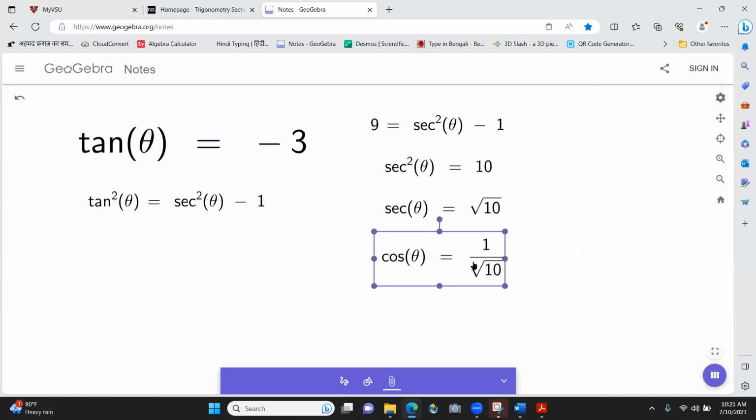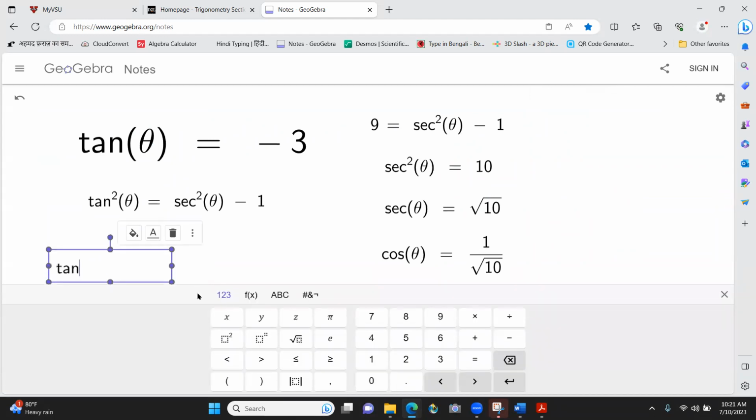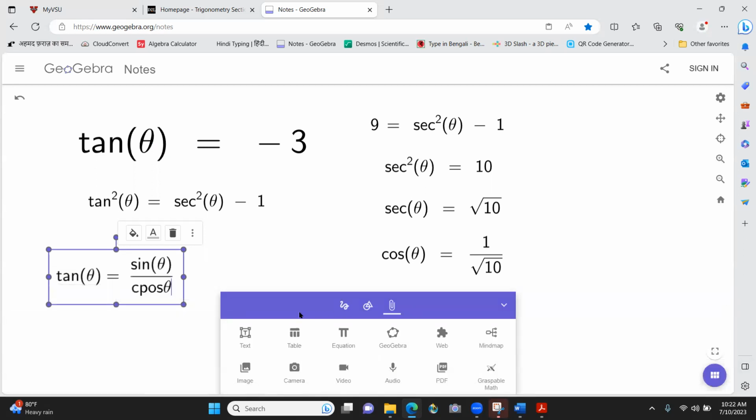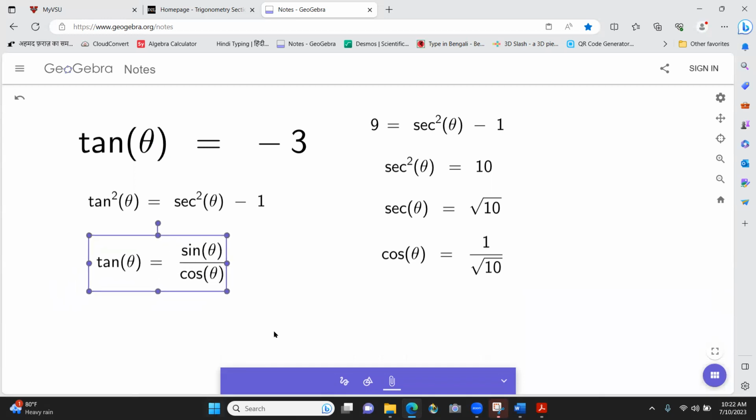So this is your cosine value, right? You know your tan value, and you know tan theta is sine theta over cosine theta. All right. So remember, guys, in the question, tan theta is -3.